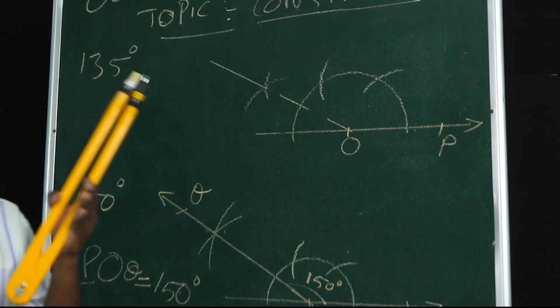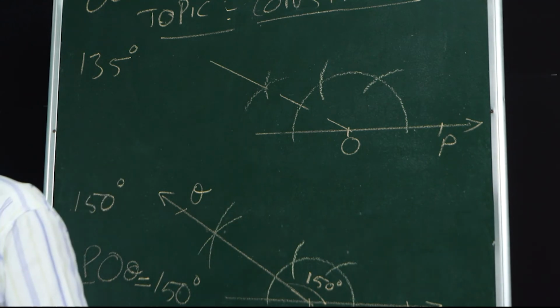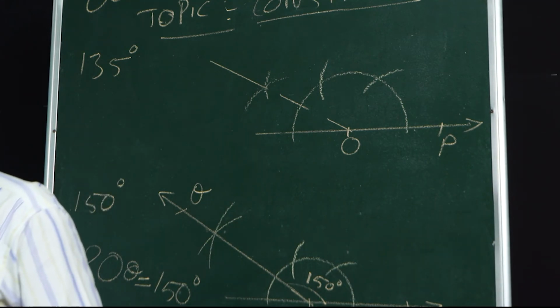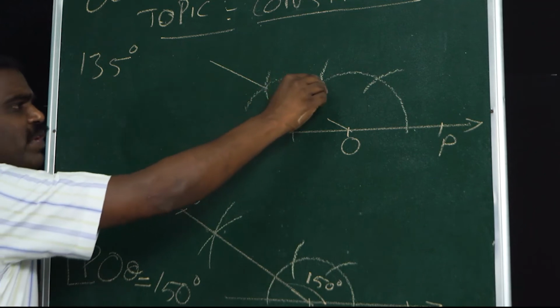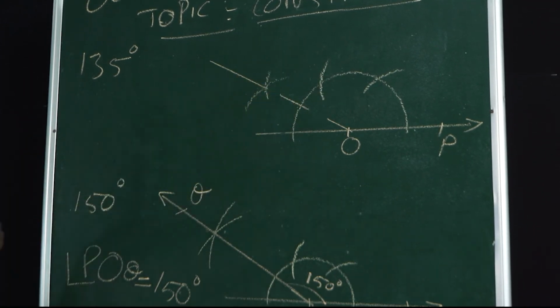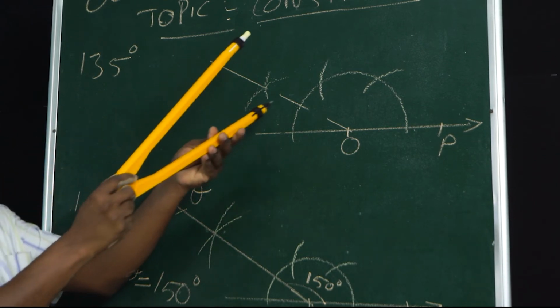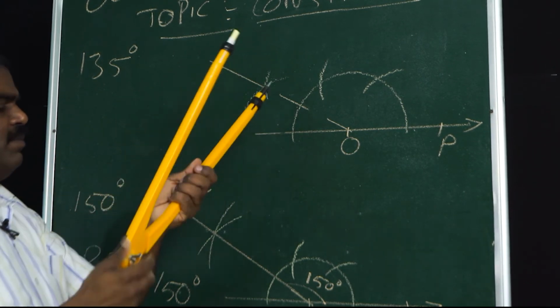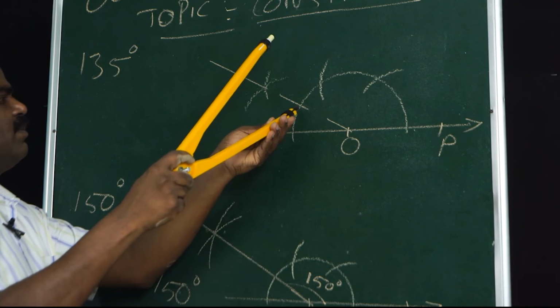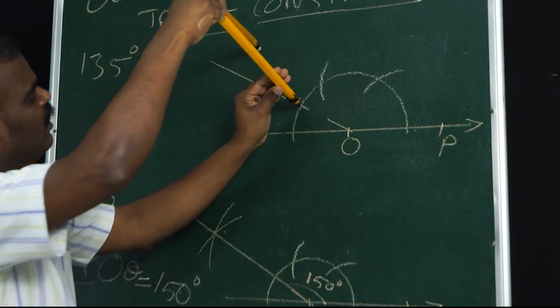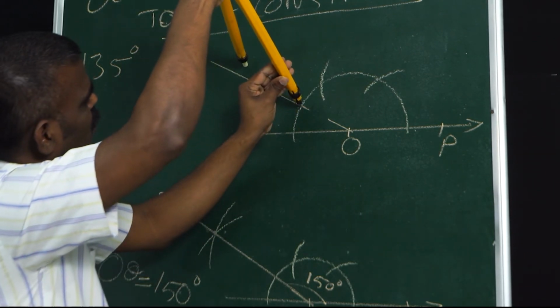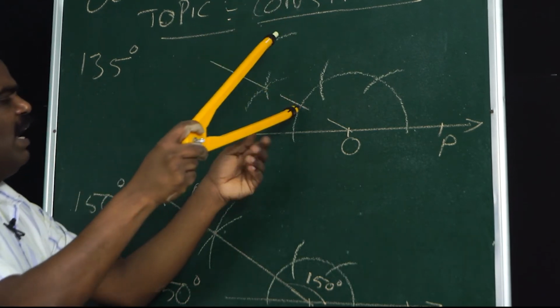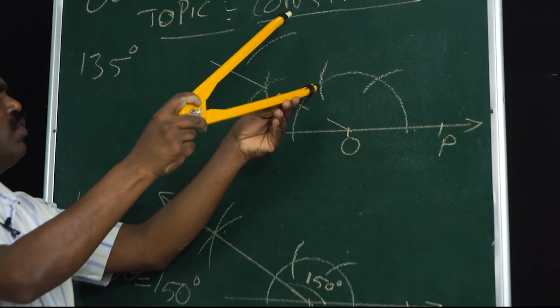So the 30 divided into two equal parts. We will get how many? 15. So 120 already we have plus 15. 120 plus 15 is how much? 135. So keep the compass at 150 degree, and the arc where it is meeting, one arc, and same that 120 degree, another arc.